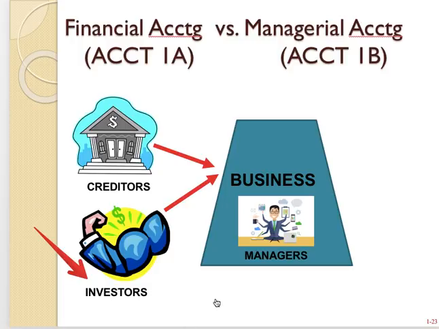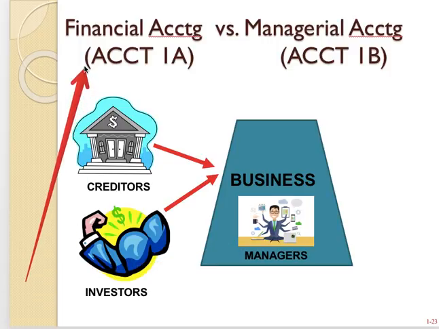Managers, on the other hand, need much more detailed information. They're going to want to get detail on exactly what products they sell, and detail on exactly their customers and things like that. So they need slightly different information. Investors and creditors, more high level. Managers need more detail.